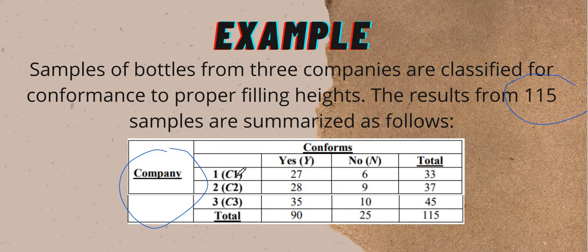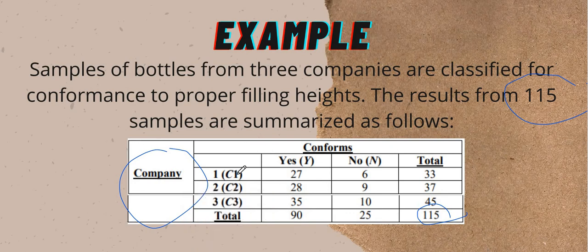This row represents company 1, company 2, company 3, and this column represents conforms, yes or no. You can see that the total must be 115. If conform is yes, it is 27 for company 1, and it is 6 for no. So this is how we read it.